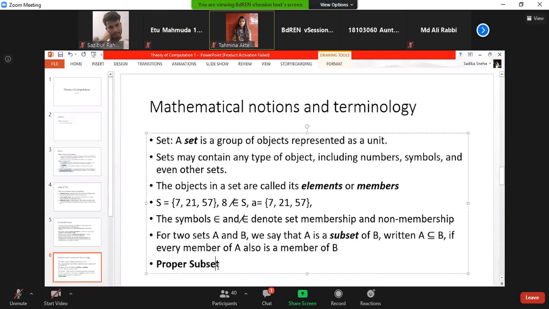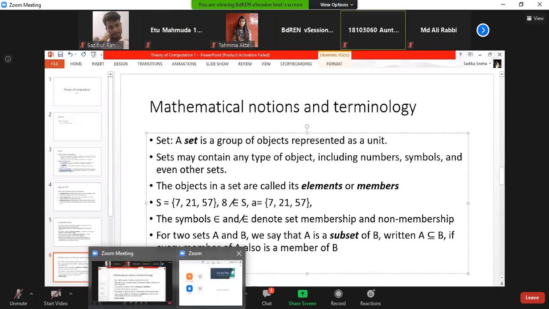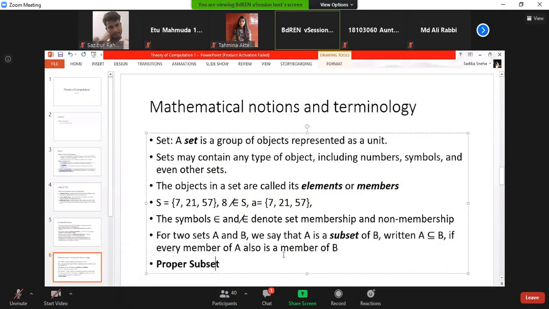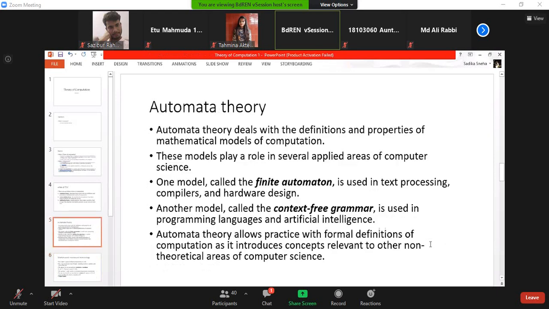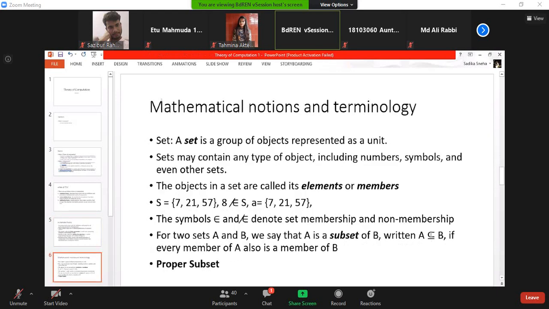It says that every member of A is also a member of B. So a proper subset is one in which every member of A is a member of B, but they are not going to be equal. A and B will not be equal in the definition of a proper subset. That means there will not be the equal sign below.